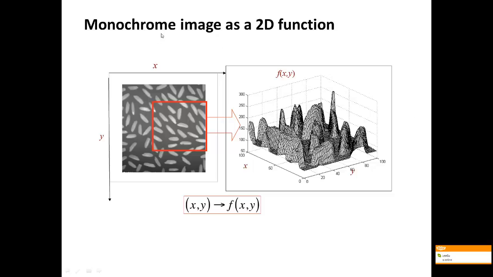A monochrome image can be treated as a 2D function. Why do we say that? Here we just show a 2D monochrome image. For each coordinate x-y pair, we have a value f(x,y) corresponding to x,y.